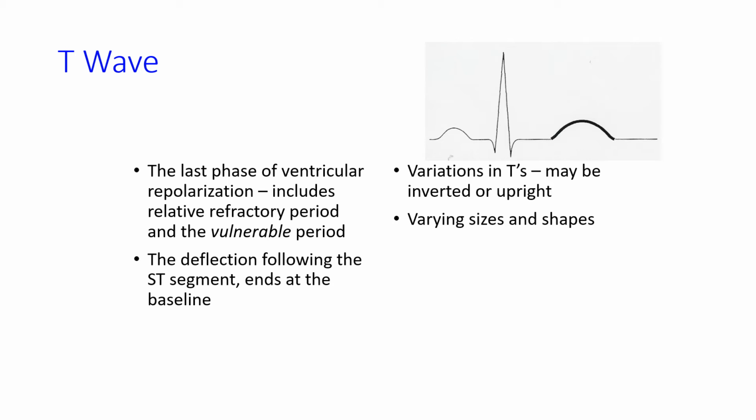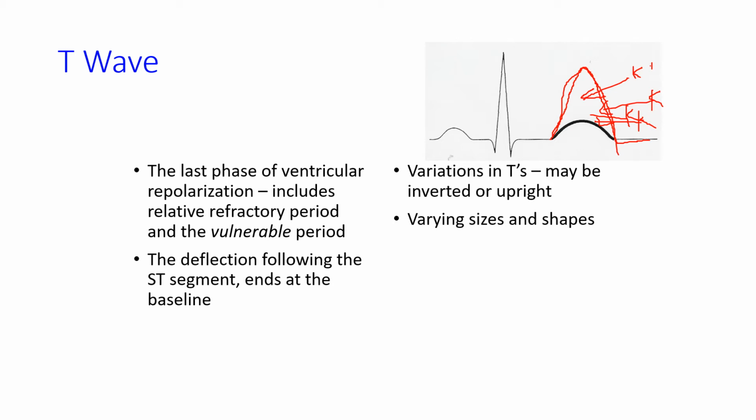A perfect example of that is if you have hyperkalemia, what happens is your T waves get very tall. And again, during repolarization, your potassium is going back into the cell. If you have a lot of potassium going back in, that can cause the T wave to be big and tall.